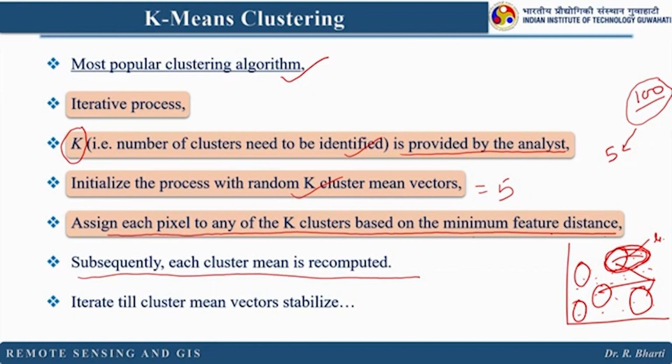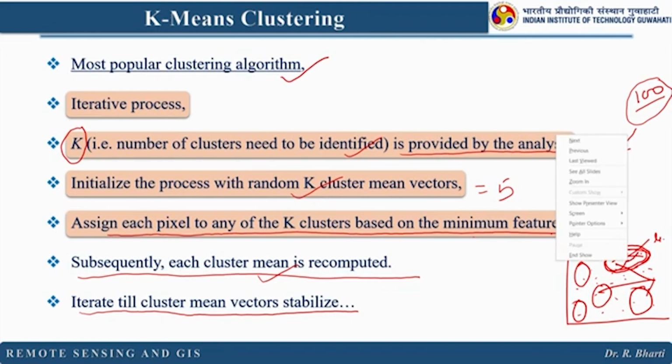It doesn't matter that in the previous iteration a pixel was in cluster 1; in the next iteration it can go to cluster 2 based on the minimum feature distance from the cluster mean. Iterate till the cluster mean vector stabilizes. So it will keep running until the cluster mean does not change. Or if you have given a threshold for the variation in the cluster mean, then the iteration will stop.